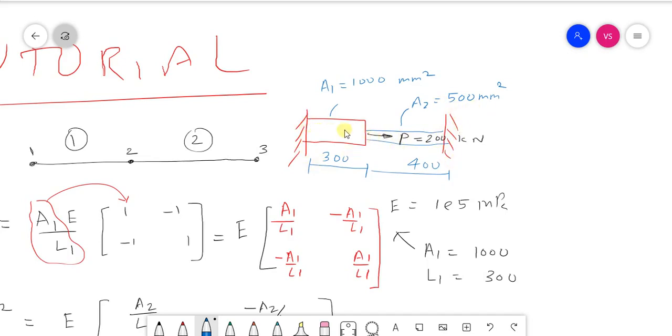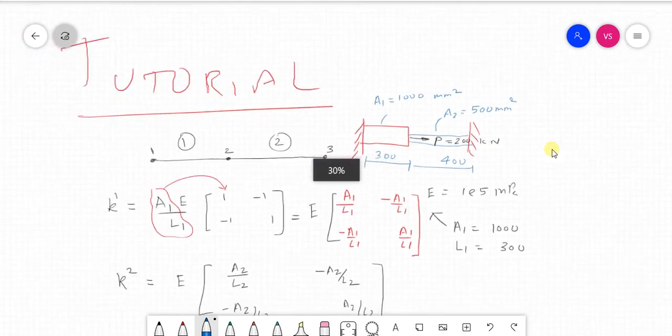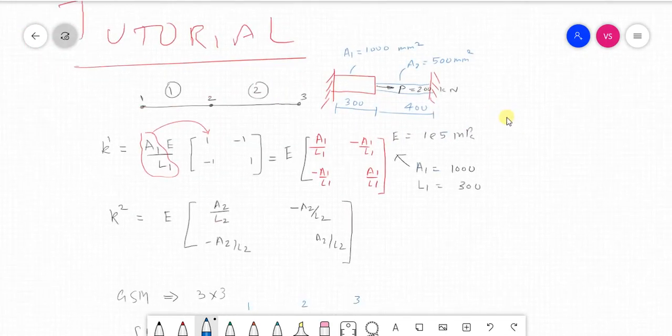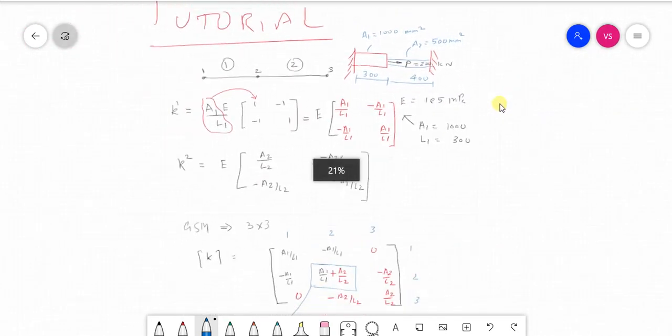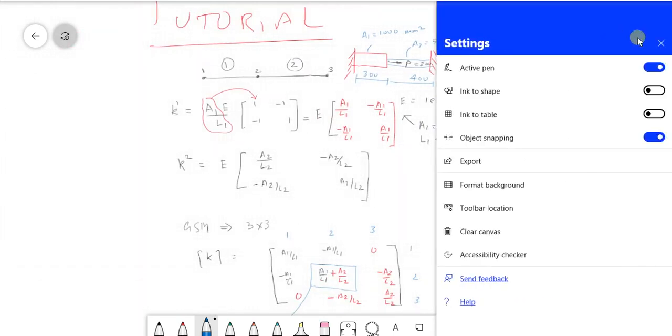So if this is extending by 1 mm, then the second element should compress by 1 mm because this distance is fixed. This is the other thing you have to keep in mind. Okay, you can solve this problem, put the numbers, and then we will check the answers.